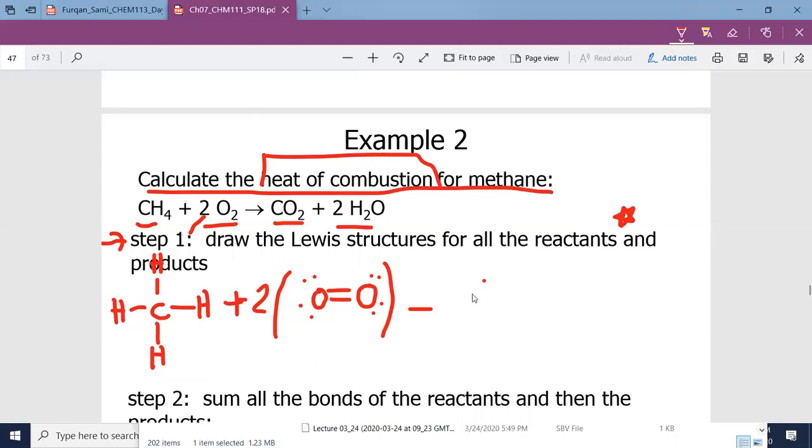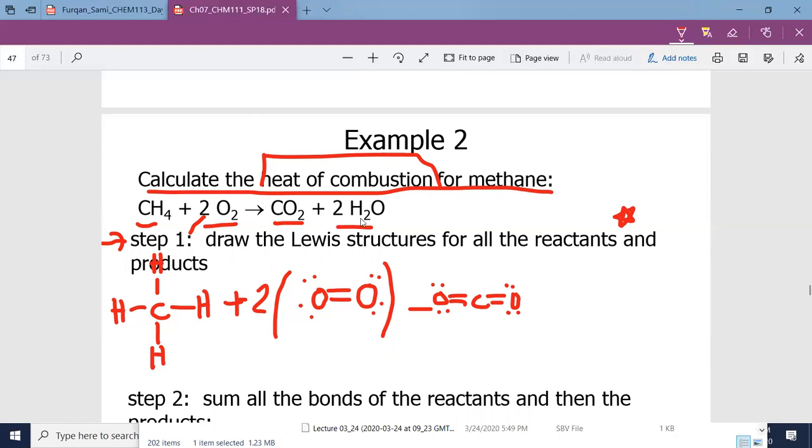So the Lewis structure for carbon dioxide is going to look like this: O, O. I have 2 here, 2 here, 2 here, 2 here. Okay, so that's my carbon dioxide. It's just one molecule, so I'm good.